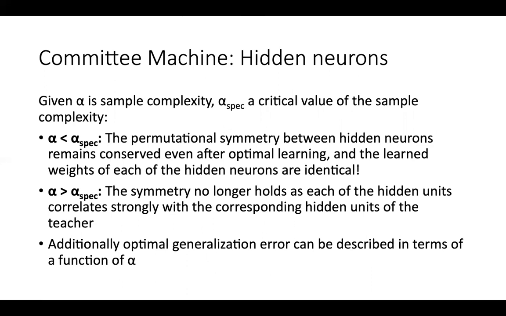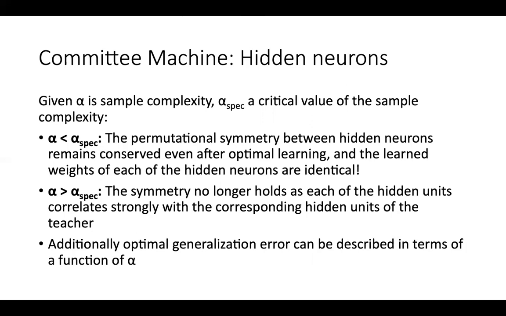One interesting result observed is that if alpha is the sample complexity, then alpha spec is a critical value where there's a permutation symmetry between hidden neurons that remains conserved even after optimal learning. Remarkably enough, the learned weights of each of the hidden neurons are identical.